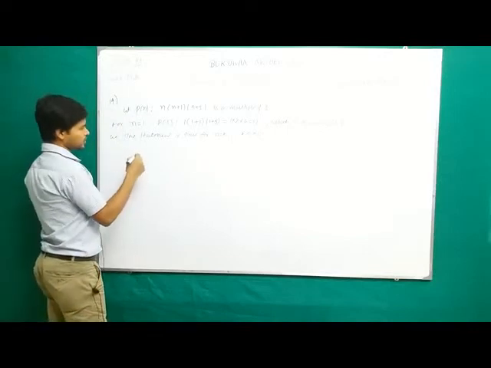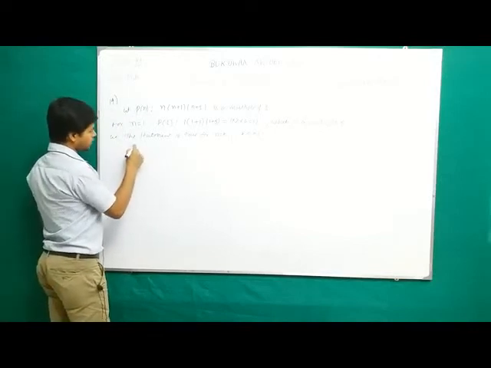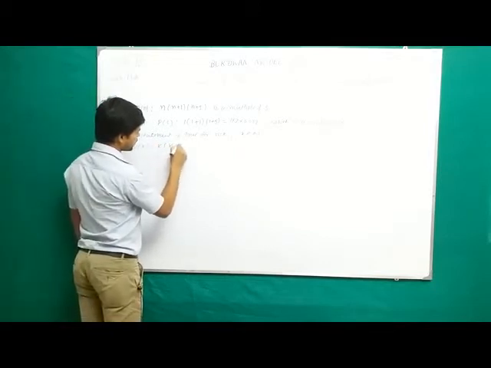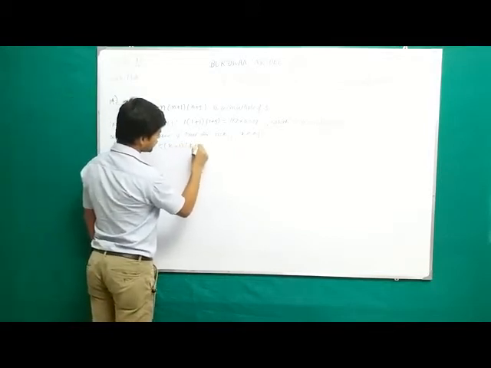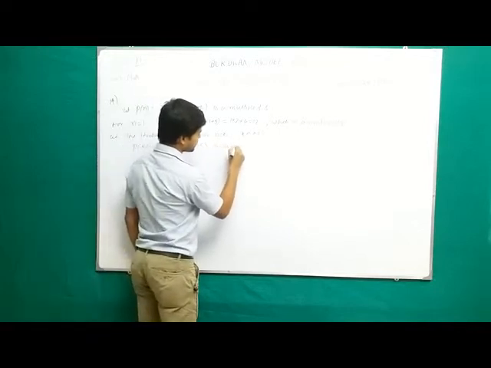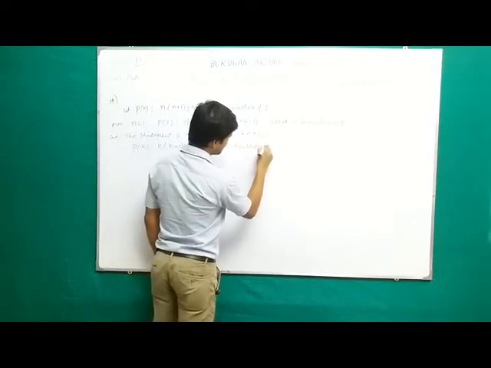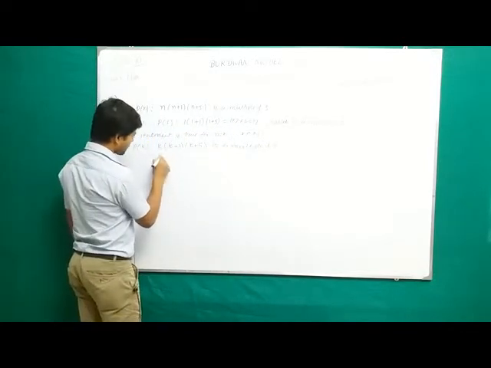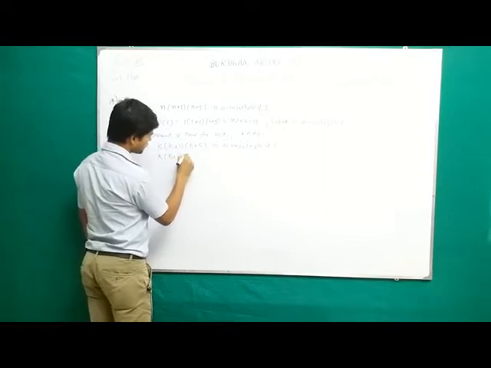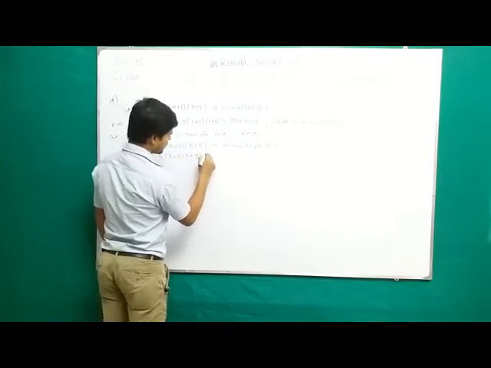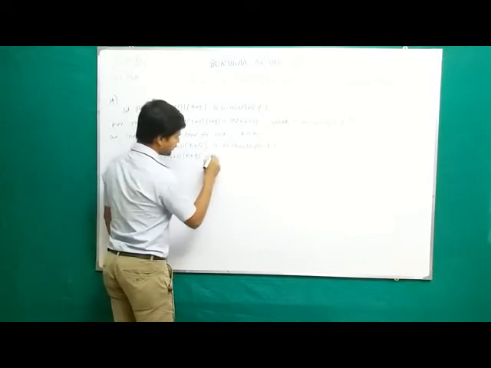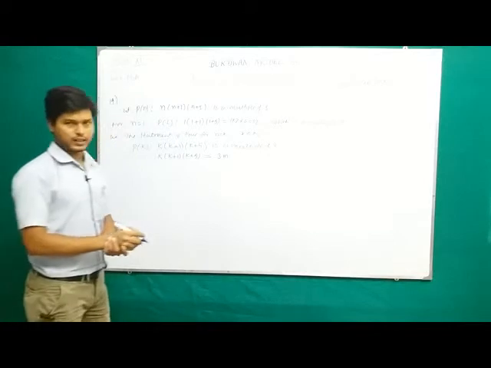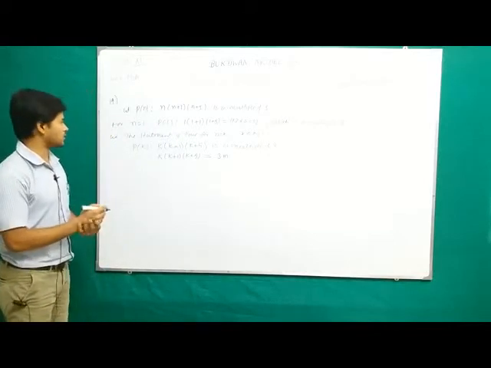So since the statement is true for n equal to k, we can write p of k such that k into k plus 1 into k plus 5 is a multiple of 3. That means k into k plus 1 into k plus 5 can be equal to 3 into m, where m is any integer or natural number.